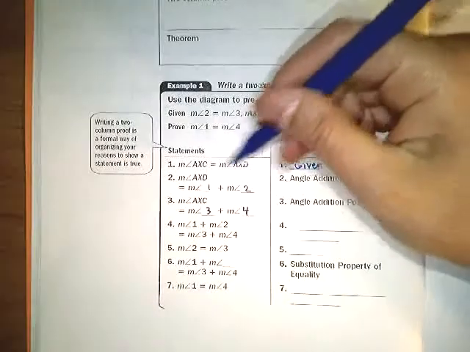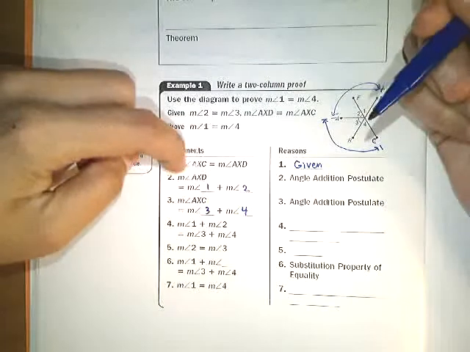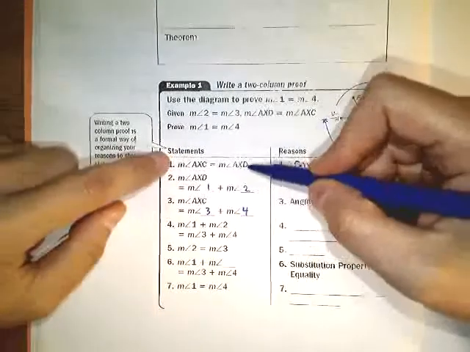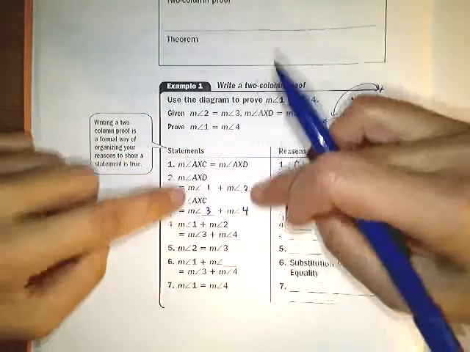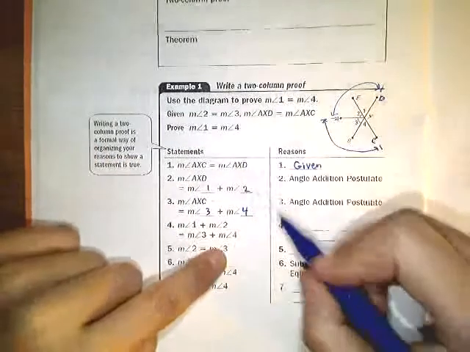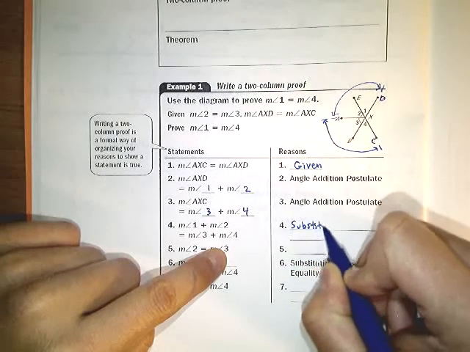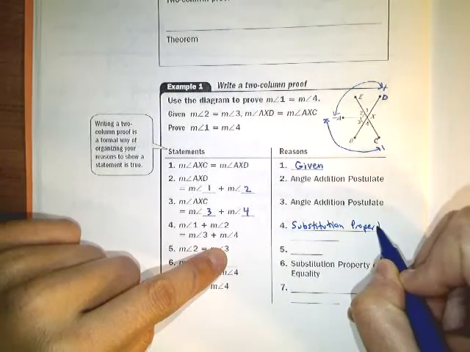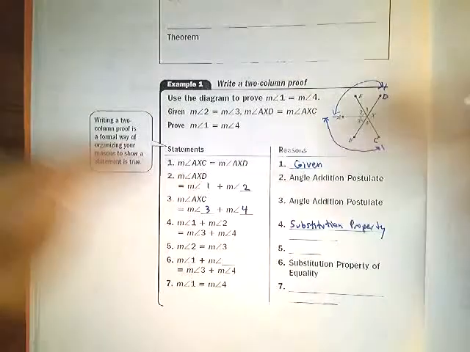This one says measure of angle 1 plus angle 2 is equal to measure of angle 3 plus angle 4. So it's actually substitution. They took the original equation and they took out these names and they put in those names. So step number 4 is the substitution property, because it's this equation just with new names for what these sides could be.